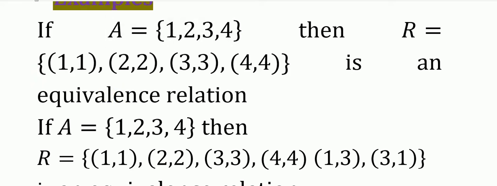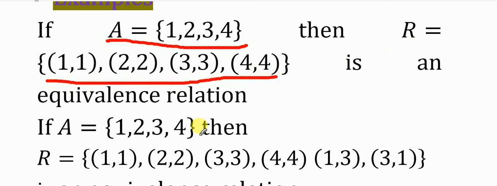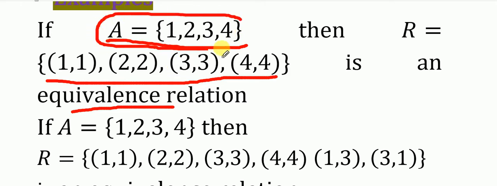If A is equal to the set {1, 2, 3, 4}, I am considering R equal to {(1, 1), (2, 2), (3, 3), (4, 4)}. So this is also called an identity relation. We will see later. {(1, 1), (2, 2), (3, 3), (4, 4)} is an equivalence relation, because (a, a) belongs to R for all a belonging to the set A. That is why it is reflexive.